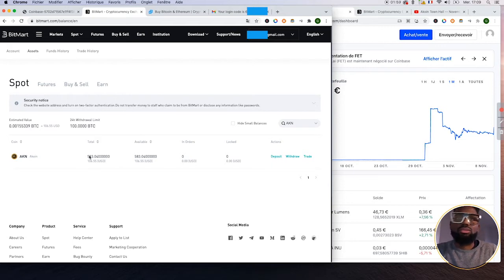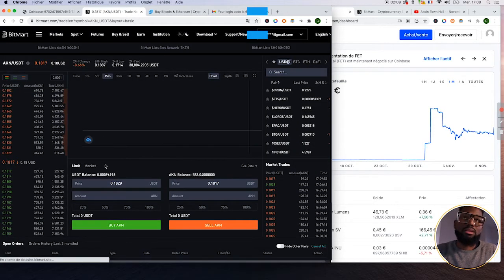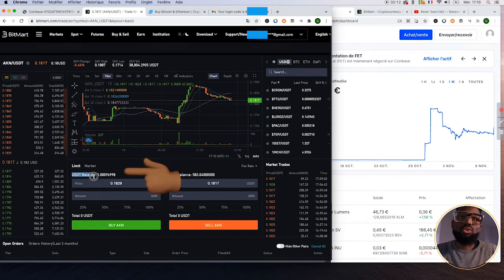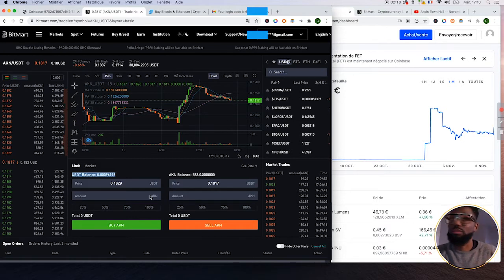And you can see I have some Acoin. Don't go to deposit now. Go to trade. Click on trade, AKN USDT. And you see you need USDT to buy AKN.